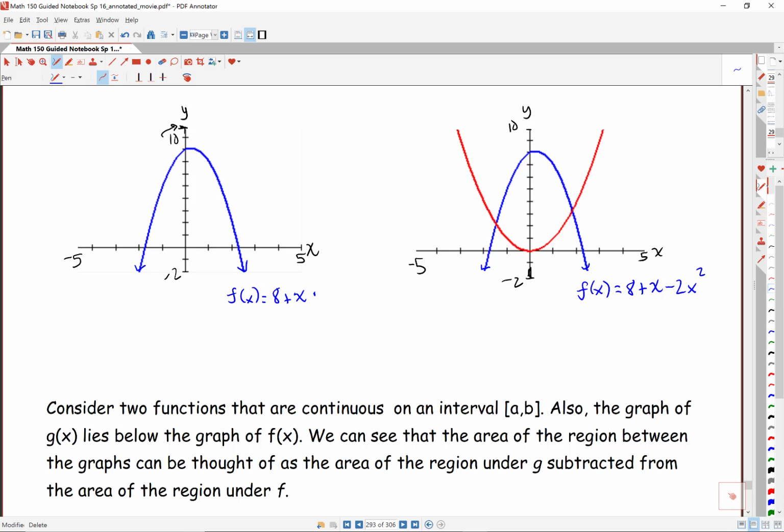And then the red one was just, call it g of x is equal to x squared.